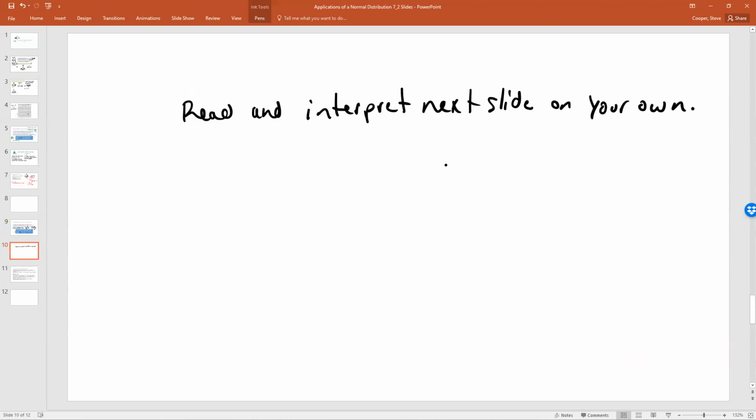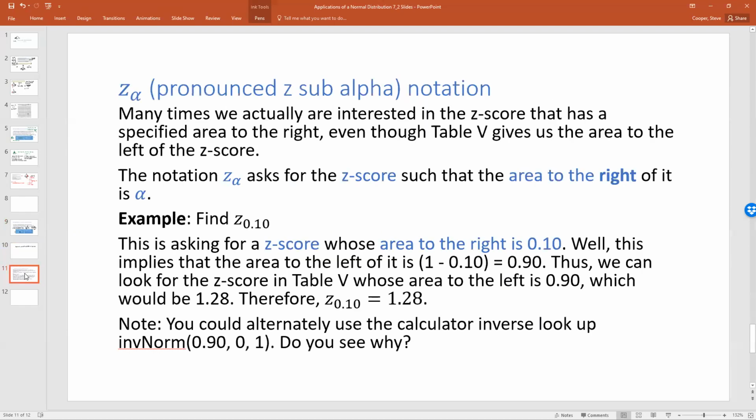Essentially that means you need to be able to find Z sub alpha and understand what Z sub alpha means. I'll give you a quick overview. We're about out of time. It's the Z-score where the area to the right is alpha.